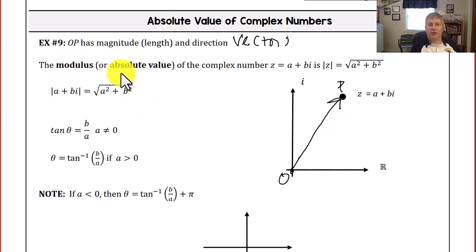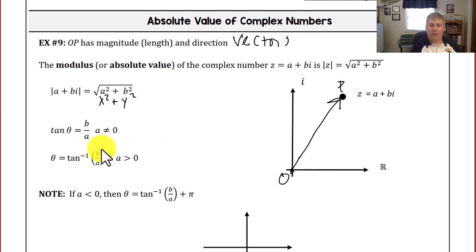So the modulus, or absolute value, of the complex number z equals a plus bi is the absolute value of z, or the square root of a squared plus b squared. So if that looks like our distance formula, and if it looks like we're doing the Pythagorean theorem, you've got it. This is kind of like x squared plus y squared, isn't it?